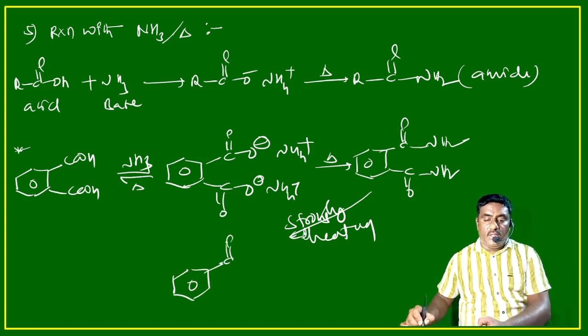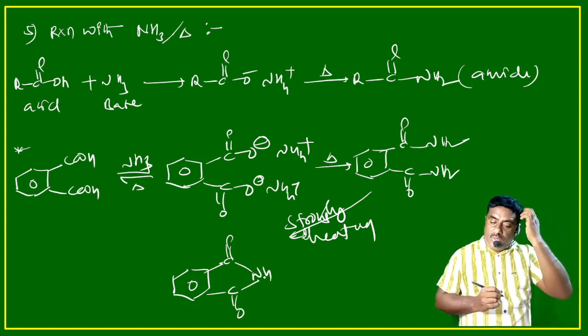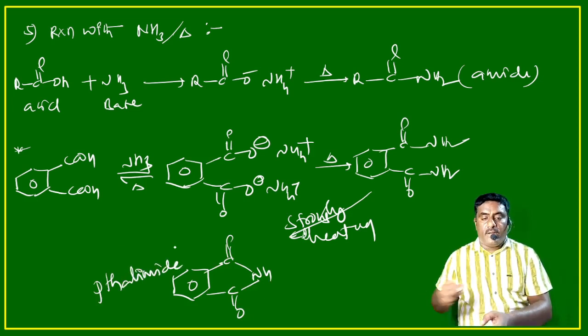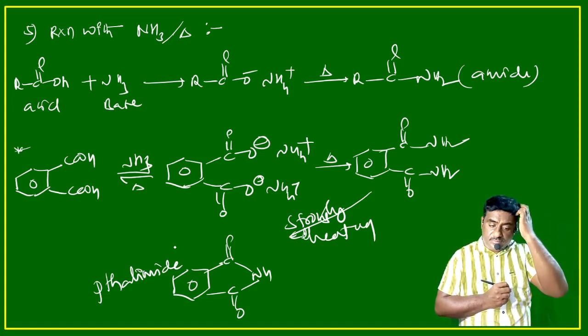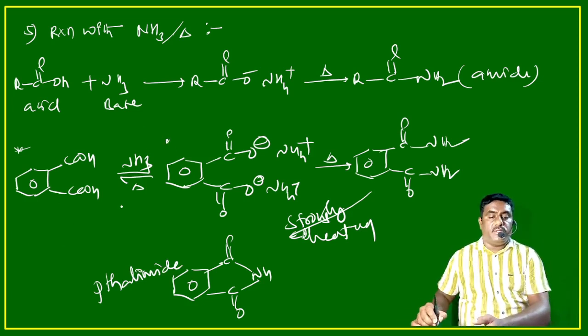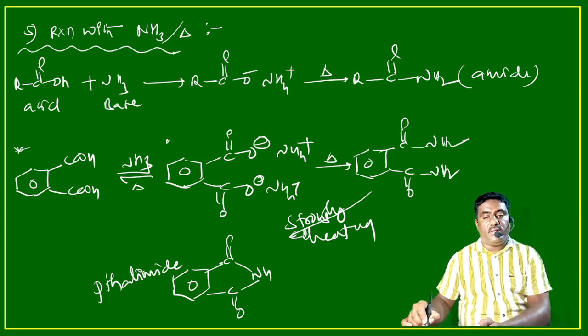Look at the structure of phthalimide. It is ammonium phthalate, from phthalic acid. This is for reaction with ammonia.